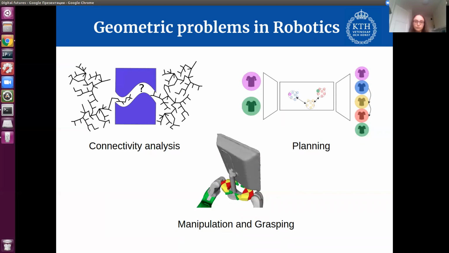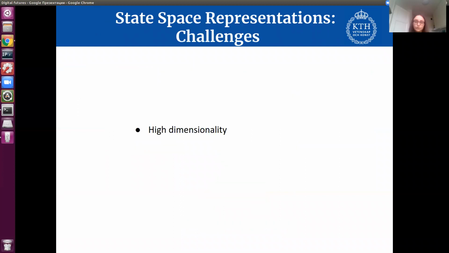So all these problems, as we can see, rely on connectivity analysis and path planning in complex state spaces. So what are the main challenges when we talk about state spaces and their representations? As I mentioned before, one really big challenge is the high dimensionality of the system.